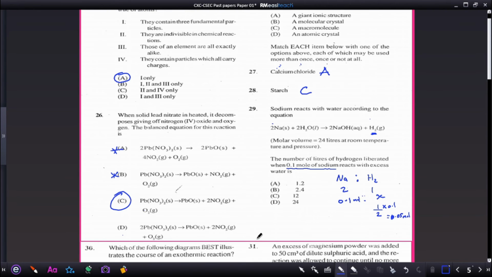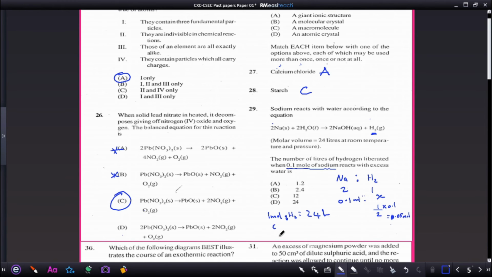Okay, then we want to find what volume of gas 0.05 mole produces. They told us that it is at RTP, and at RTP, 1 mole of any gas, 1 mole of hydrogen gas in this case, would have a volume of 24 liters.